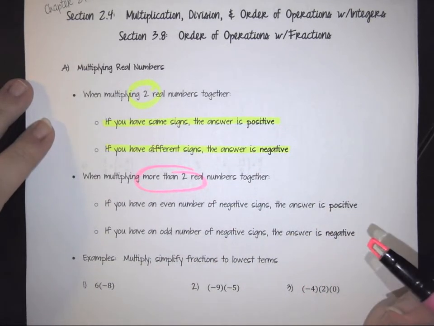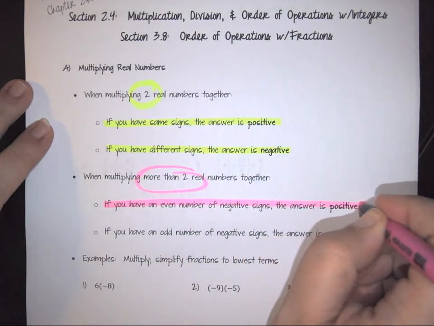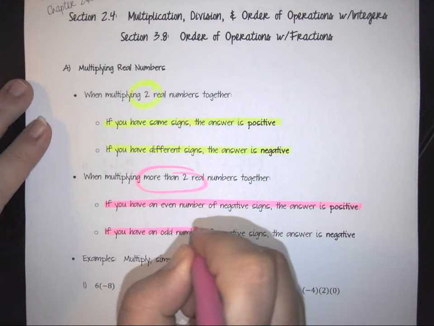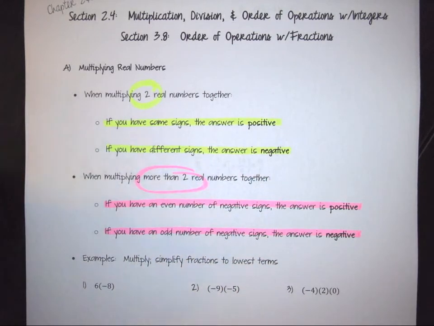If you have an even number of negative signs, then the answer is positive. But if you have an odd number of negative signs, the answer is negative. Okay? So with more than 2 values, we change our rule ever so slightly, and the rule becomes reflective of how many negative signs we have.